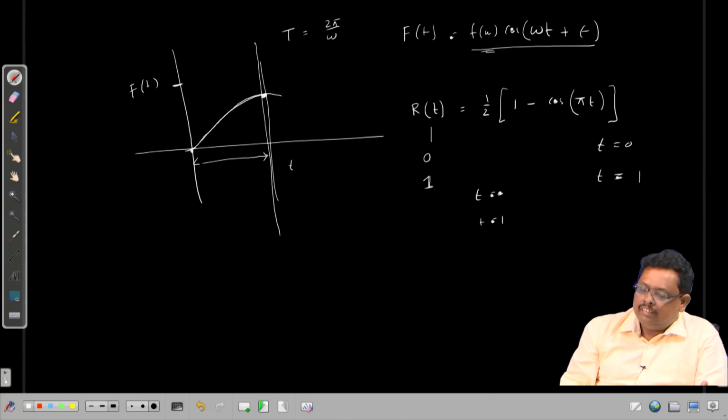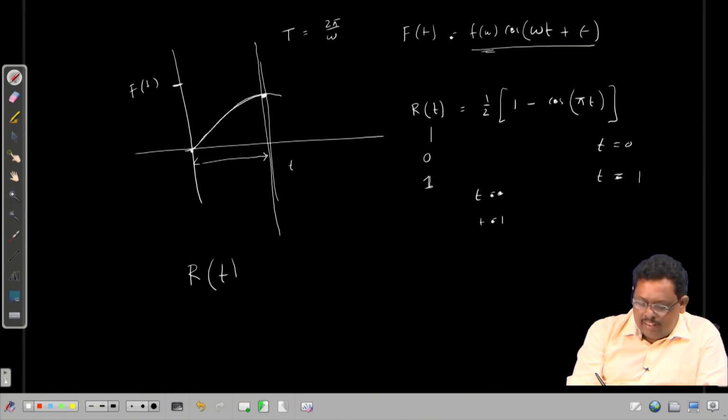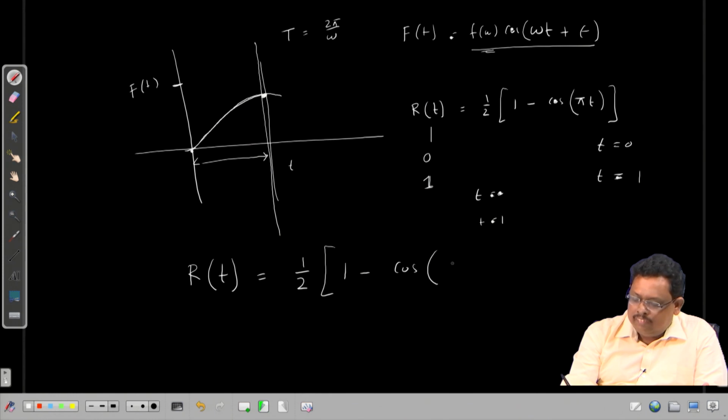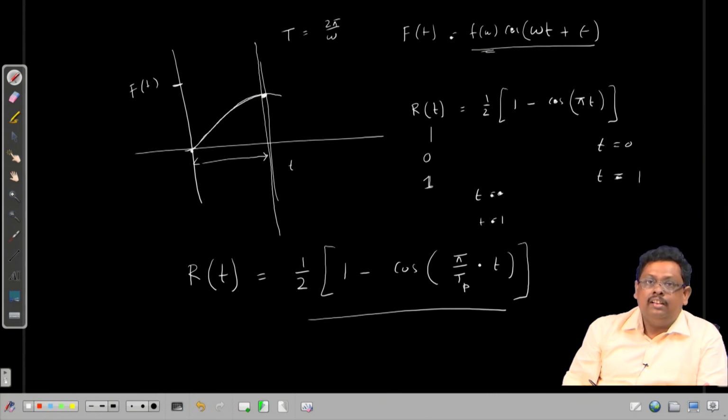So, I might write this ramp function in that way. R t equals half into 1 minus cos of pi by time period T p multiplied by t. Now, this goes to minus 1 when t equal to the time period, right.